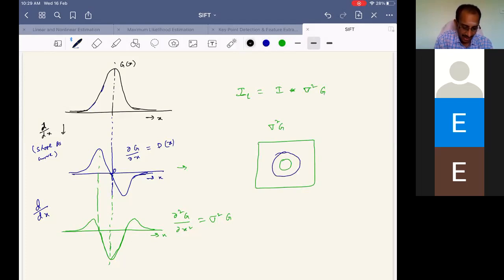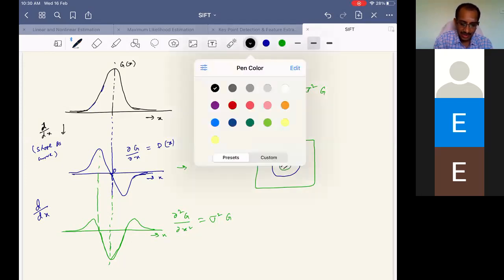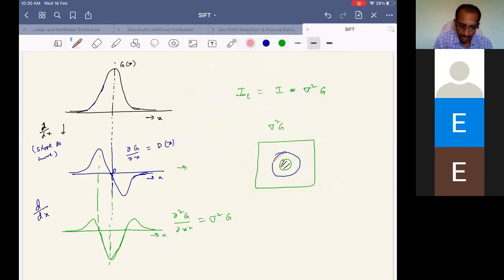In this region it may be negative, here it is all black, and here it is a different color. One direction is positive, this one is negative and that is positive. And 0 elsewhere outside. So what do you think it will highlight?